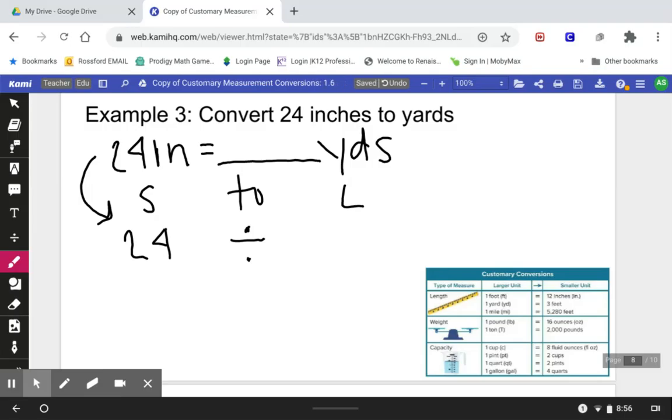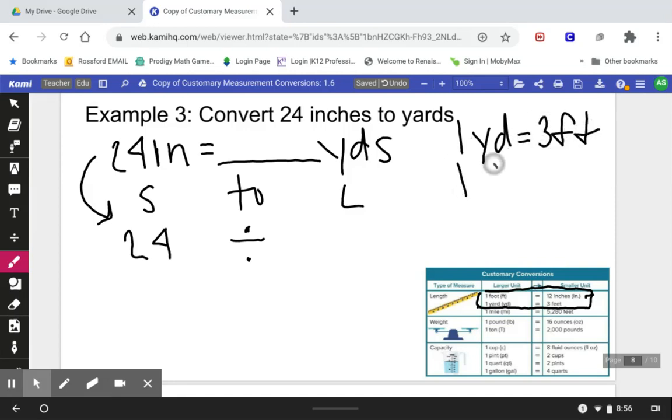Over here in my table, I need to go from inches all the way to yards, which is right here. So I'm looking at these first 2 rows. So I have 1 yard equals 3 feet, and 1 foot equals 12 inches. All right, this time I'm going from inches to yards.